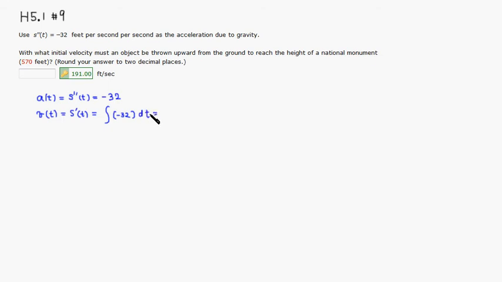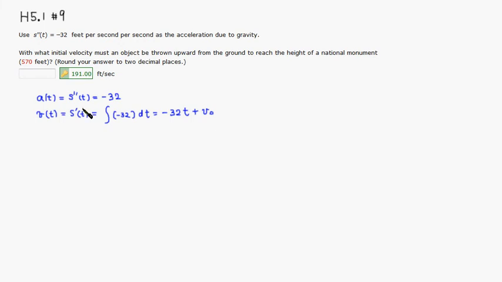So this is going to be negative 32t plus some constant, let's call it v0, so that's the initial velocity.